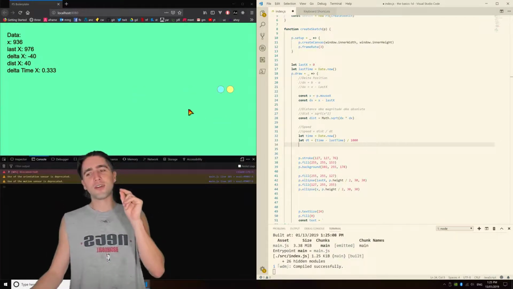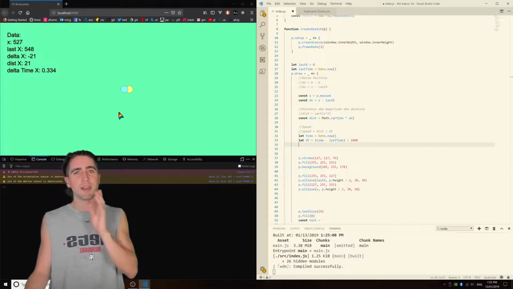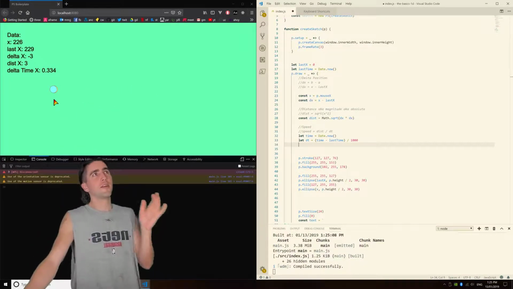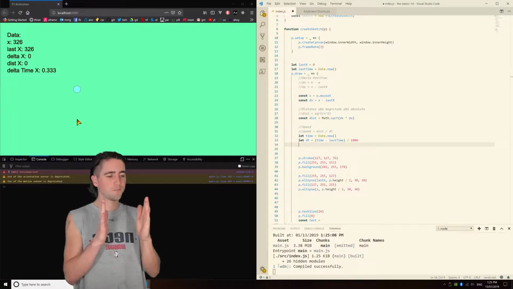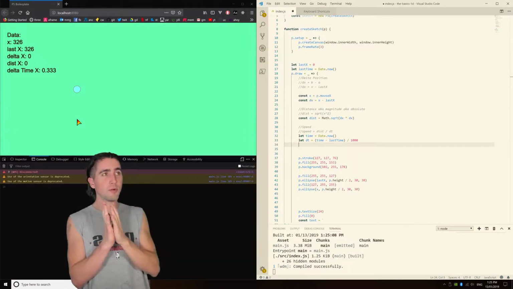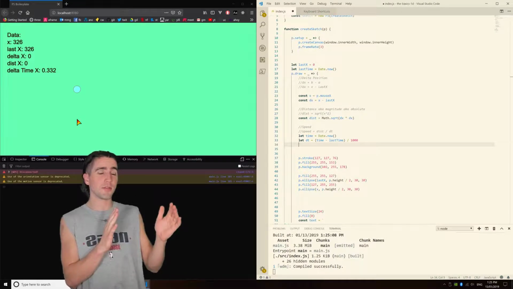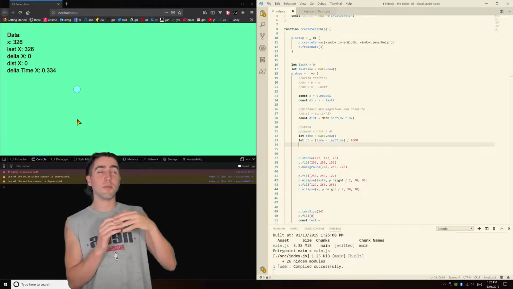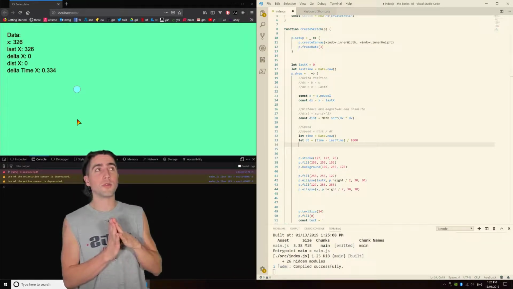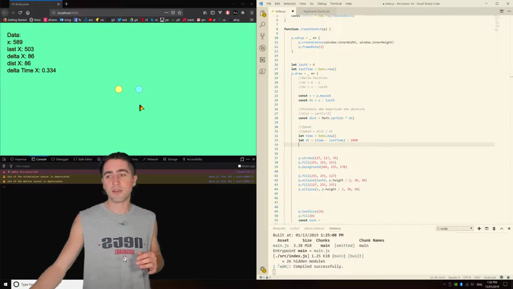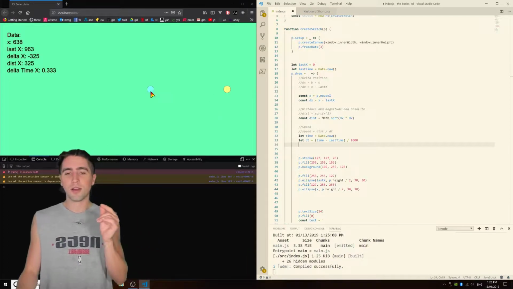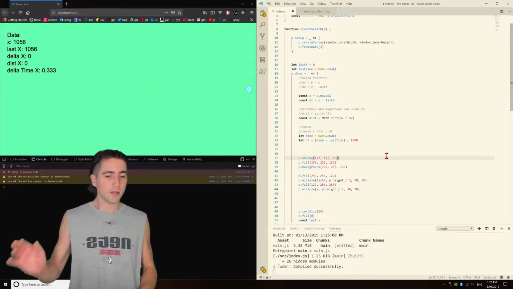So let's say we've got a distance of 100 and it took us 0.3 seconds to go 100 pixels. Then in 0.6 seconds we would go 200 pixels. In essentially 1 second we would go 300 pixels. So it should be 300 pixels per second if I'm going at about 100 pixels each frame.